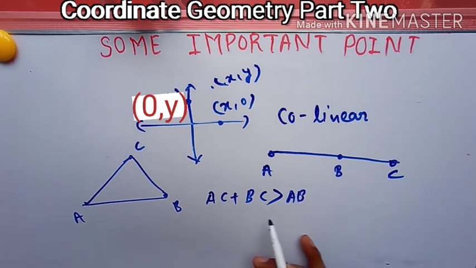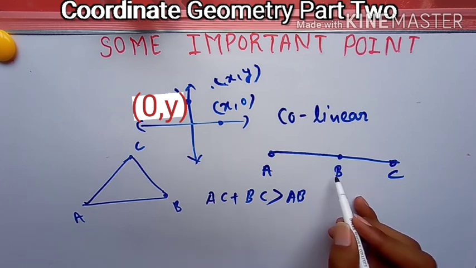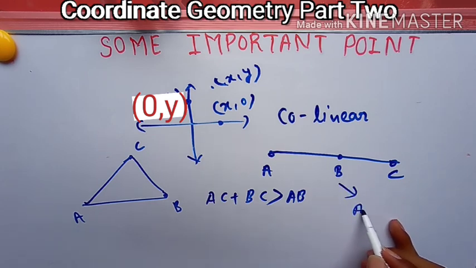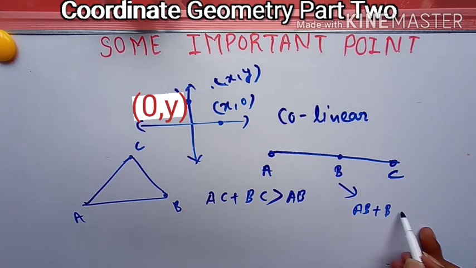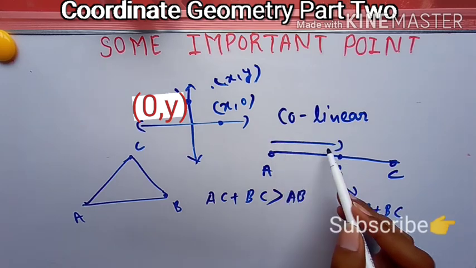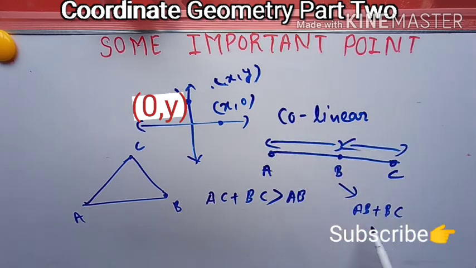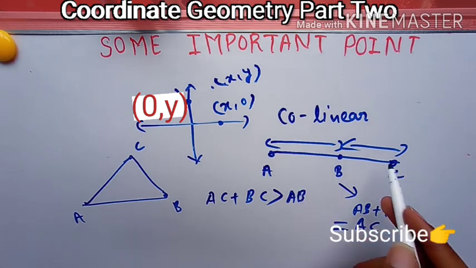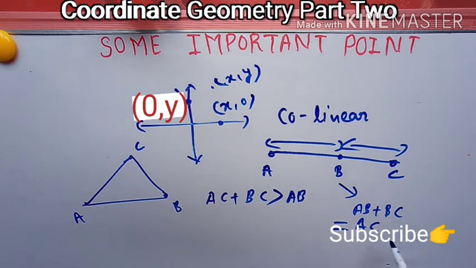This is the condition when you can make a triangle. But if in this case AB plus BC is only equal to AC, you can form only a single line. This you need to understand.